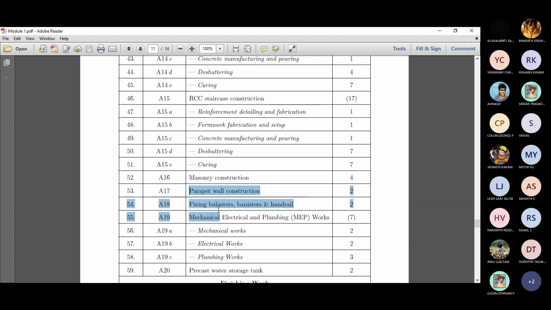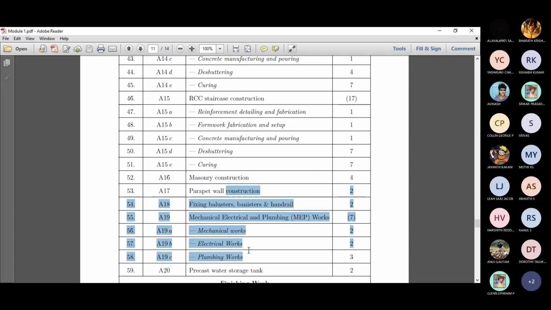Or sometimes all three, parapet wall fixing, baluster fixing, and MEP works, can be done parallelly, right? That's how it is generally done. So for example, after the masonry wall gets constructed, we have got 2 days, 2 days, and 7 days. The 7 is the highest. So within 7 days, you can perform all these works.